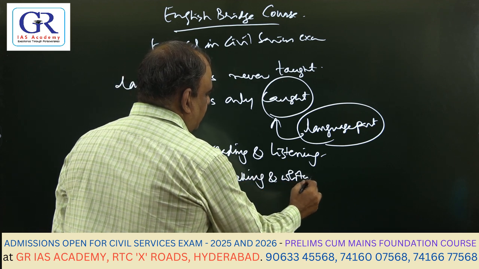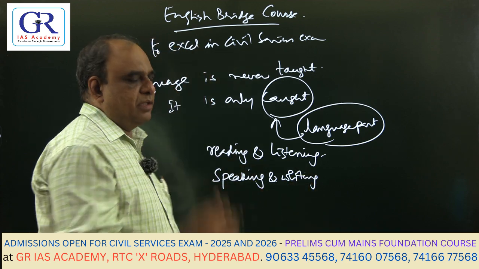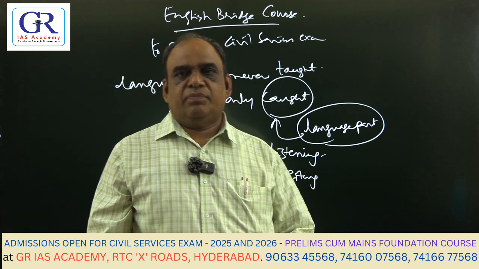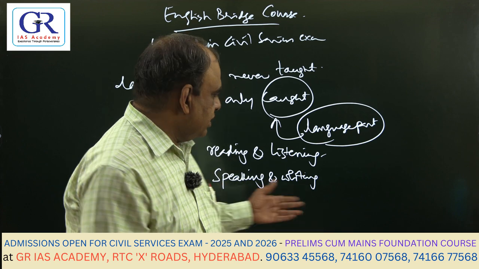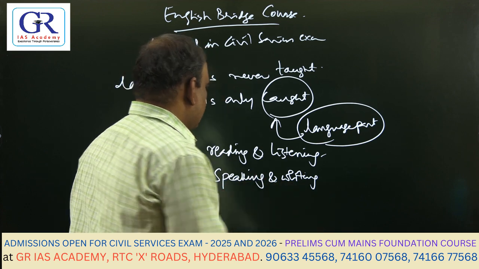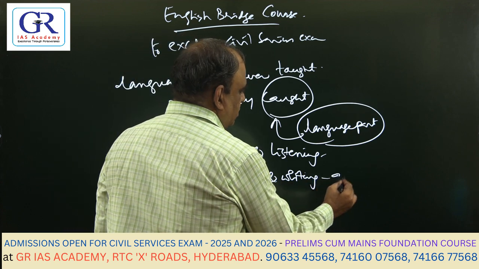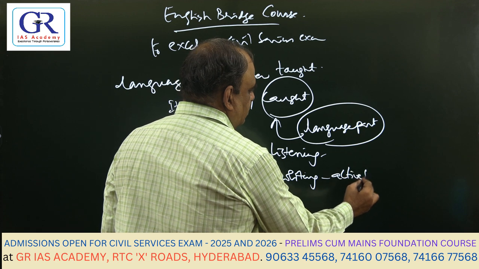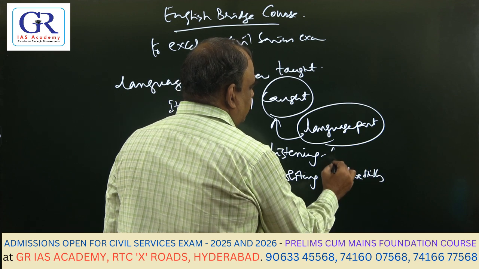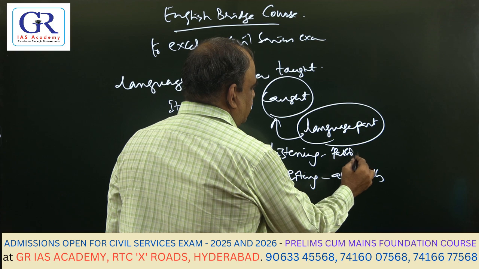Writing means not copywriting, writing on your own. Whatever thoughts come into your mind, if they are put on paper, then automatically, so these two are known as active skills. You learn a language through passive skills, that is listening and reading.